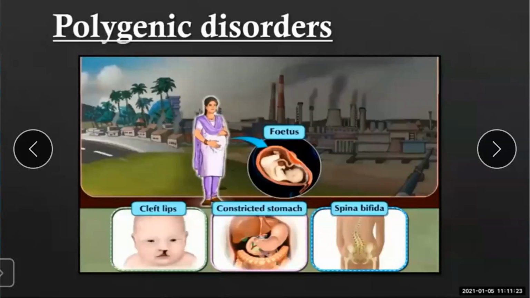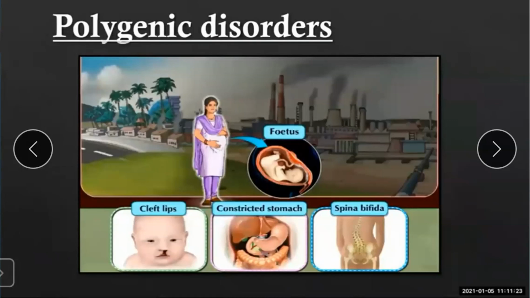Common examples of such disorders are cleft lip, cleft palate, constricted stomach, and spina bifida, which means a defect of the spinal cord.